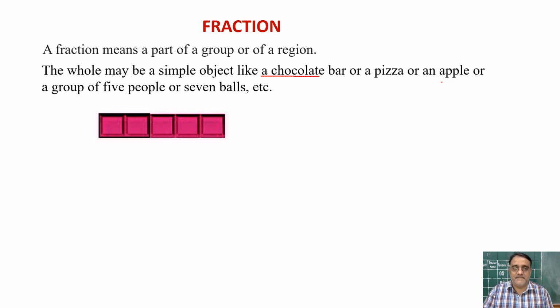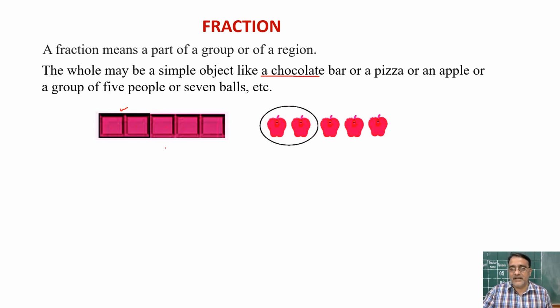See these figures. Suppose this is a chocolate bar, right? In this, 5 sections are there and I marked only 2. Out of 5, I marked 2 sections only, 2 equal parts. So it will be represented by the fraction 2 by 5, 2 out of 5.